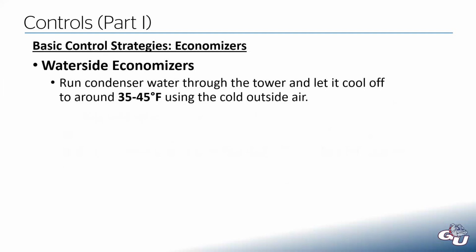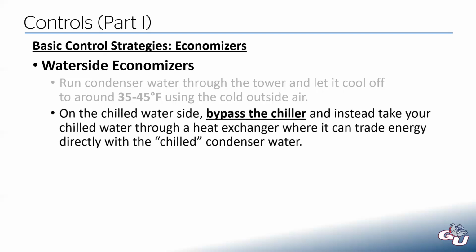So to walk you through this, and I'll have a visual here in a moment, a water side economizer, you're taking your condenser water, which as a reminder, that's the side that's going through the tower. Run your condenser water through the tower, let it cool off to a really cold temperature, so 35 to 45 degrees, using that cold outside air. On the chilled water side, bypass the chiller.